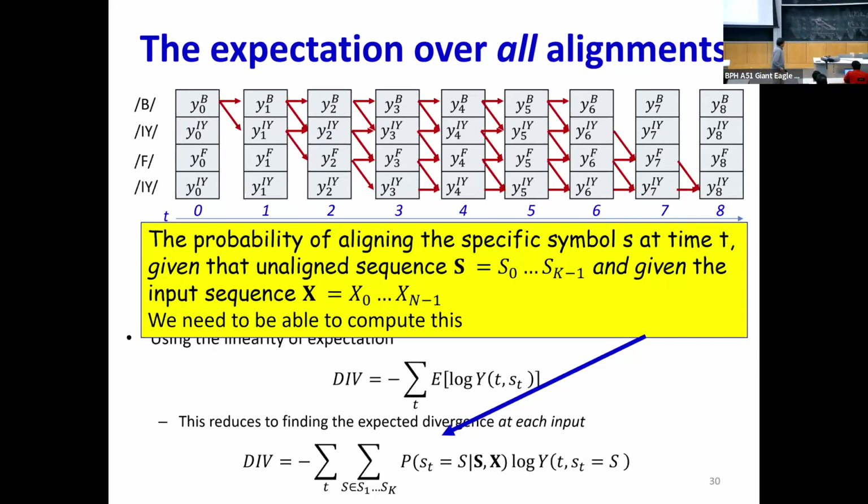So if I'm aligning, for example, bit to X1 through X4, and I've given you the audio, and I've told you that this is bit, then what is the probability that the B actually aligns to 2? That's the posterior probability of B aligning to 2 given bit and the input, right? So that's basically what this symbol sequence is.